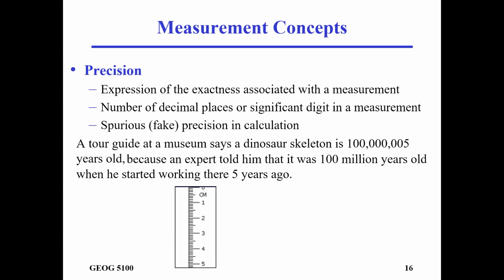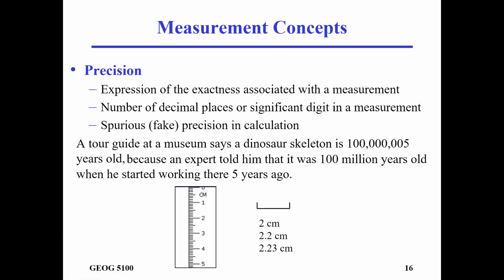This is a ruler, and you can see that the precision level for this ruler is from 0 to 1 centimeter. There are 10 measurements, right? So the precision level is 1 millimeter, okay? And similarly for this specific segment with different precision levels, we can say it's 2 centimeters.